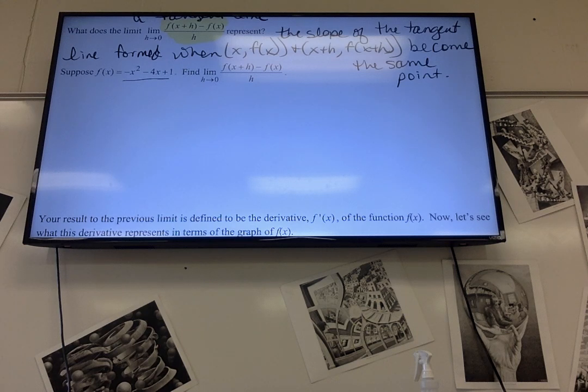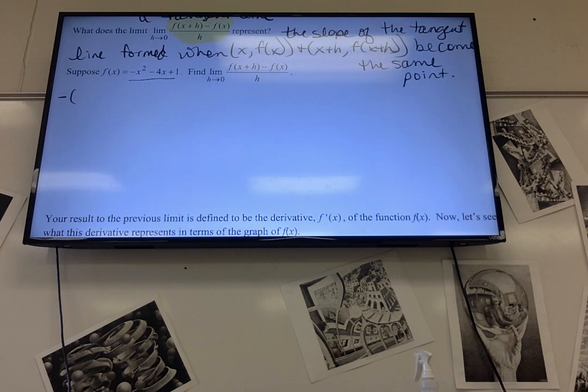Plug that in for f of x. Yes. So in place of x, I put x plus h. Then minus f of x. What's f of x? That formula, yep. Negative x squared minus 4x plus 1. Don't forget I'm subtracting that whole thing, so that's why I put parentheses around it.